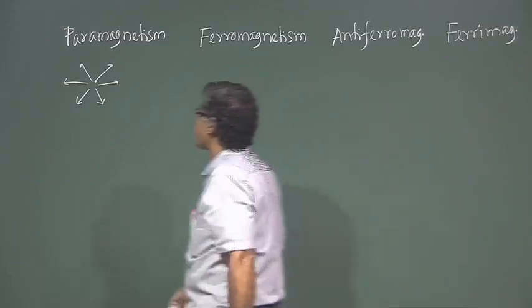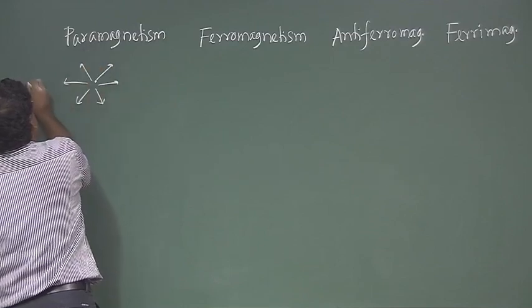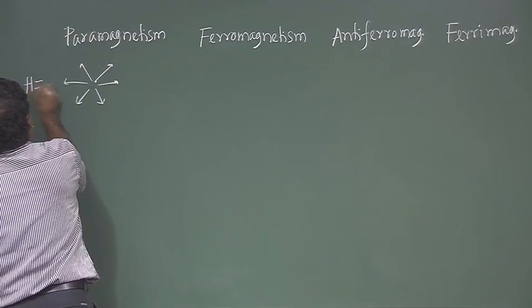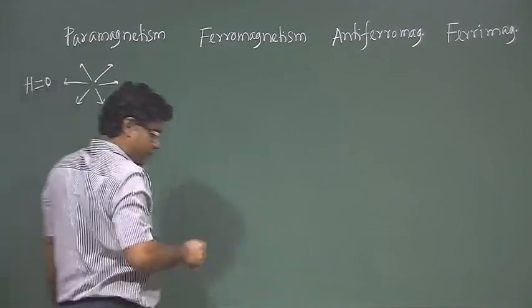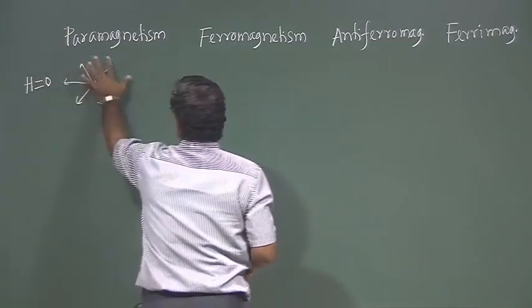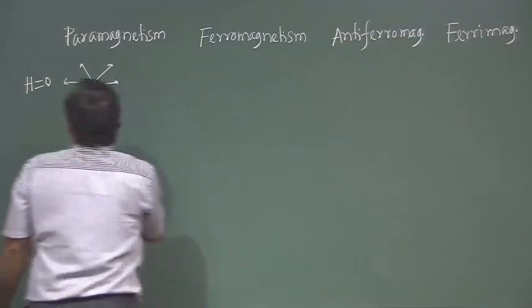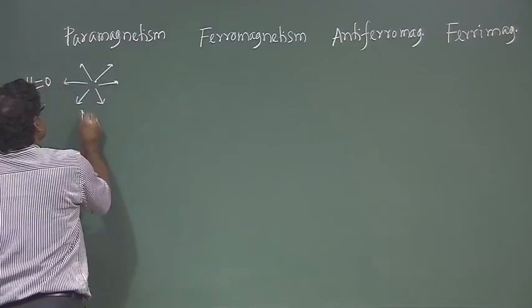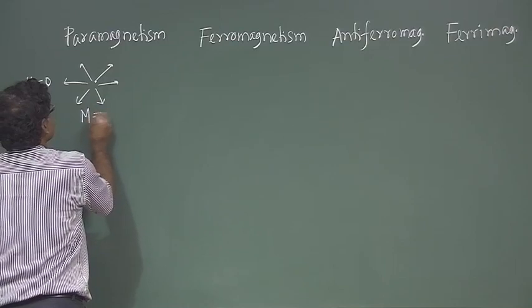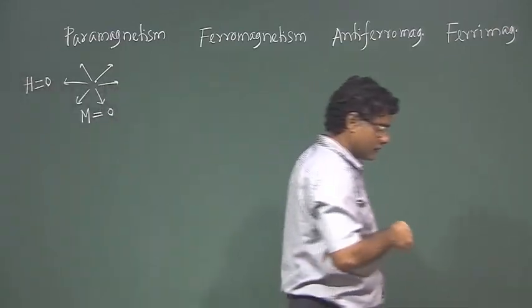for H equal to 0. So, if these dipoles are oriented like this, the net magnetization is 0.